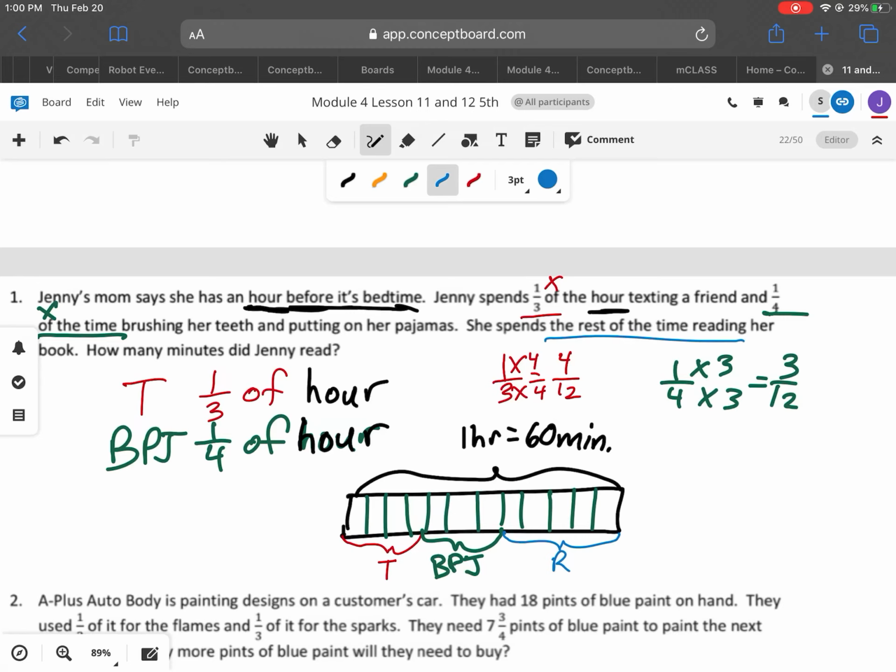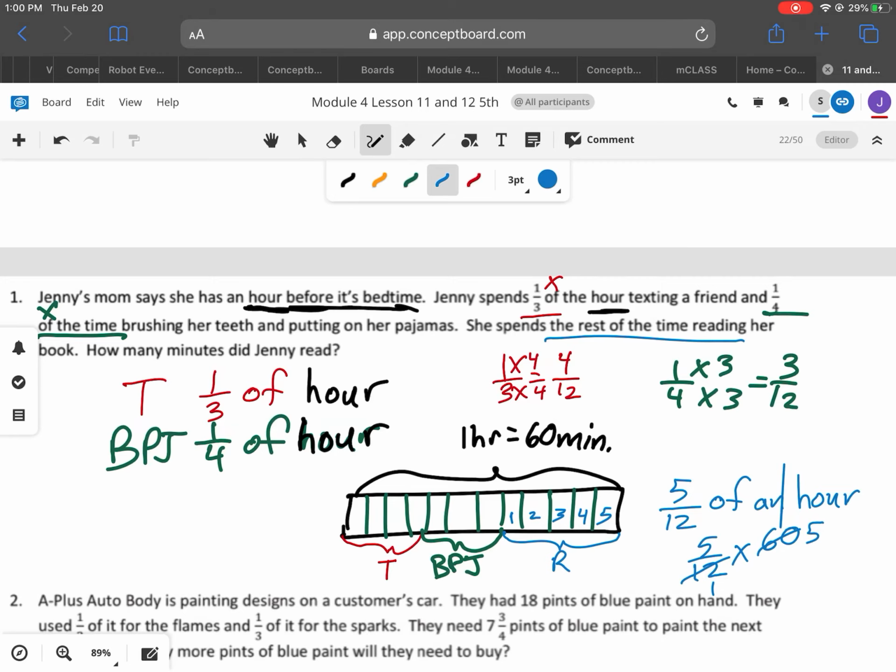Okay, so we could find the number for brushing PJs and texting, or we can go 1, 2, 3, 4, 5. We have 5 12ths of an hour. So 5 12ths of 60.